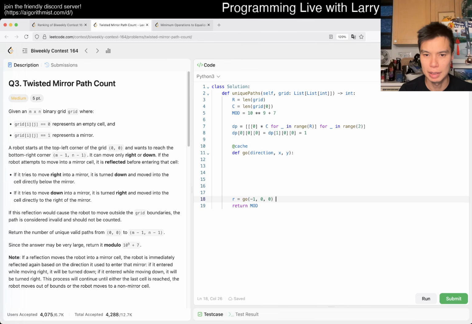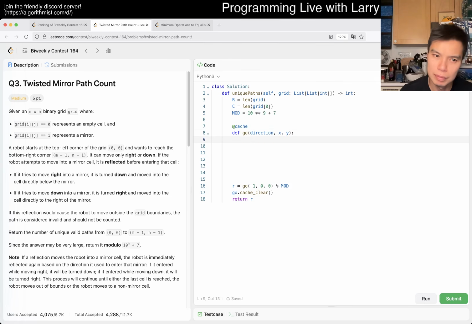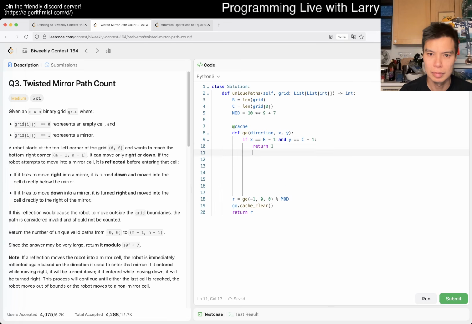I think this is more precise. Right. Okay. Otherwise, then now are we in a mirror?